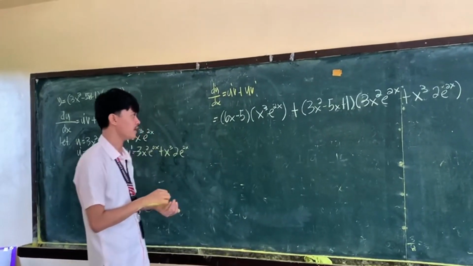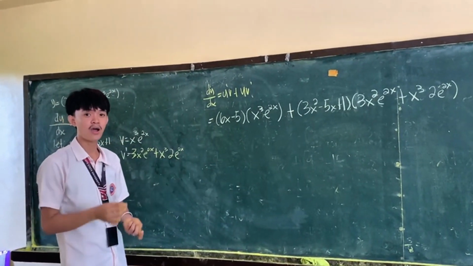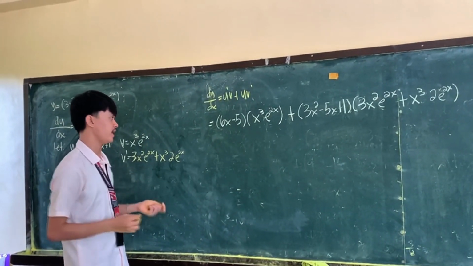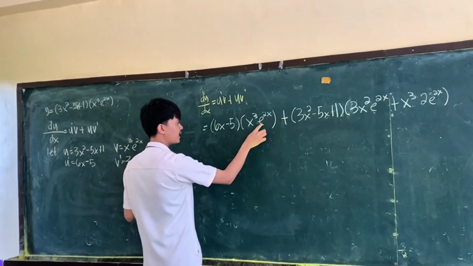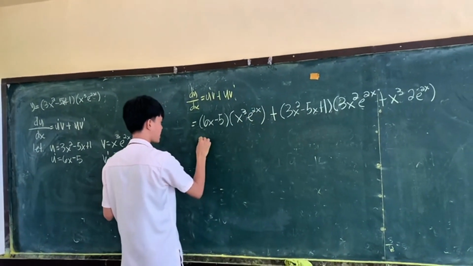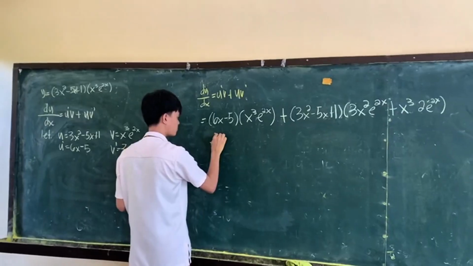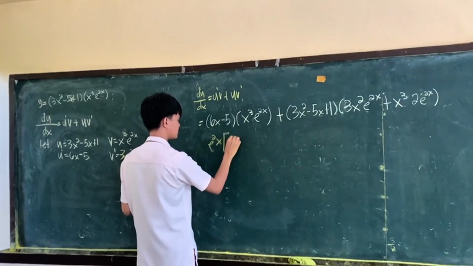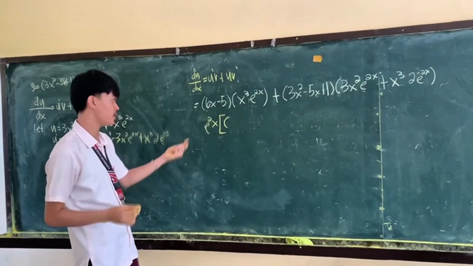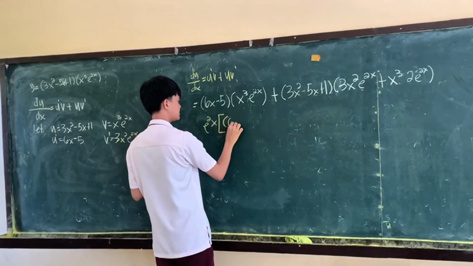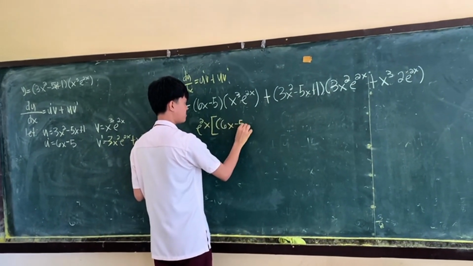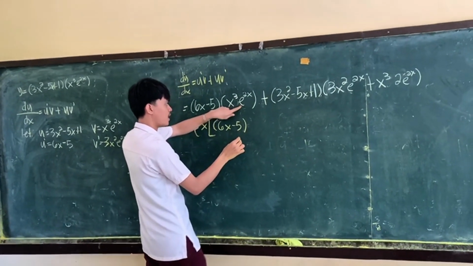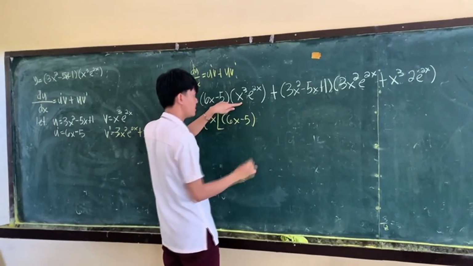Now that we already have this one, let's factor it. Put the e to the power of 2x outside. And then, let's just copy the remaining. 6x minus 5. Remove this one since this is already factored out.